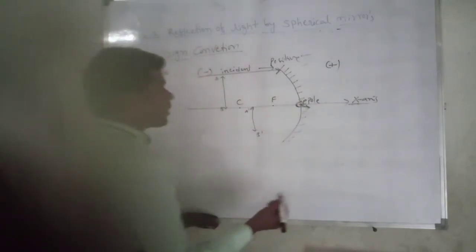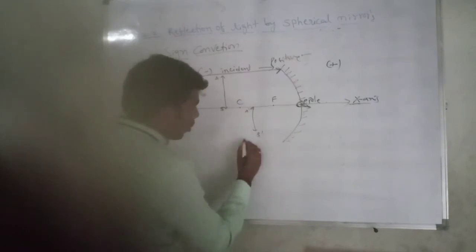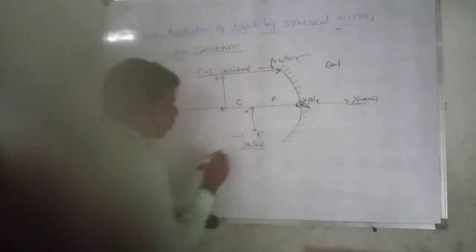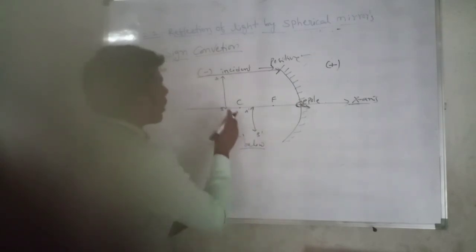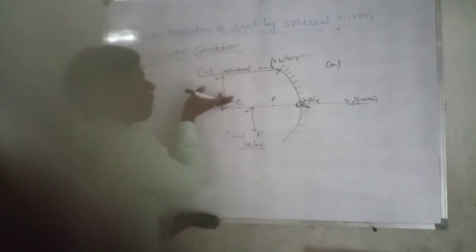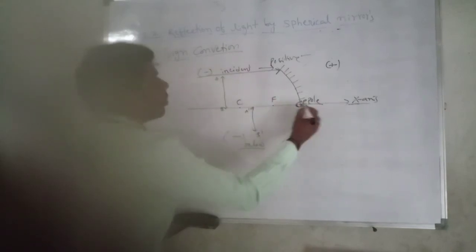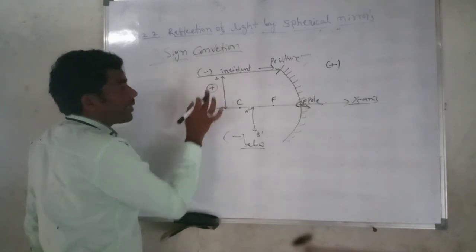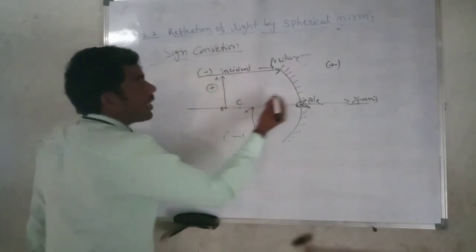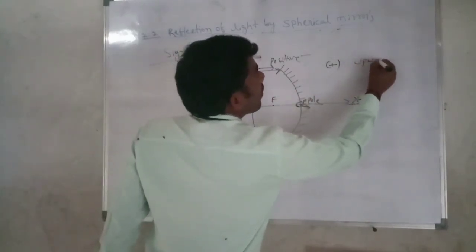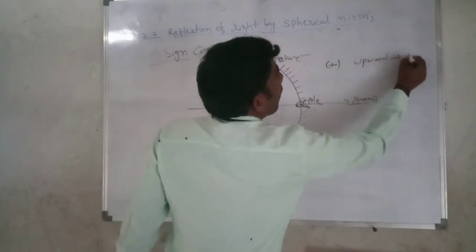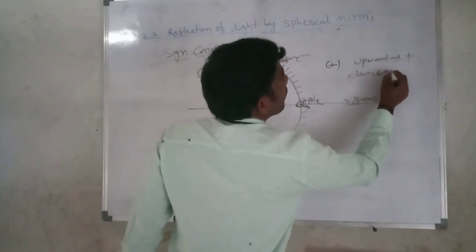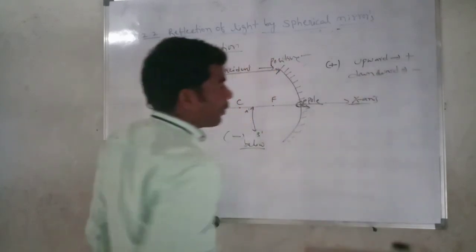Likewise, if the image is below the axis, it is taken as negative, and if the object is in the upward direction, it is taken as positive. Downward is taken as negative.